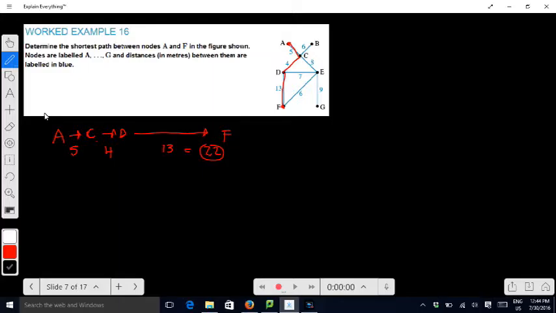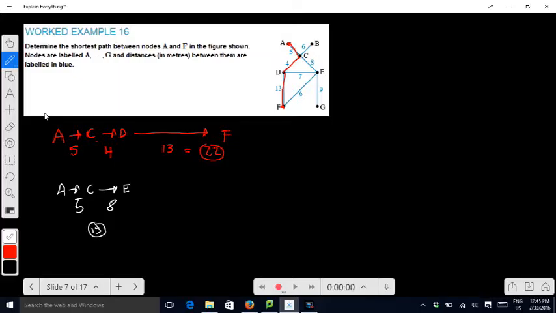Alright, well again I have to start at A and go to C. So 5, I have to go to 5. Now I might want to go straight to E instead, which is 8. So 5 and 8, so that's 13.